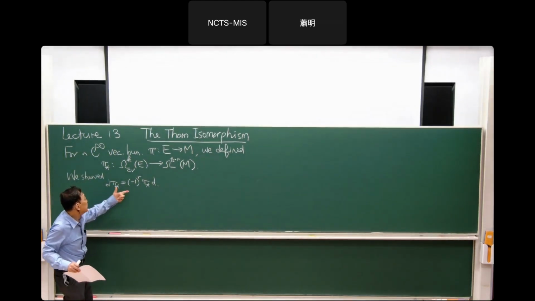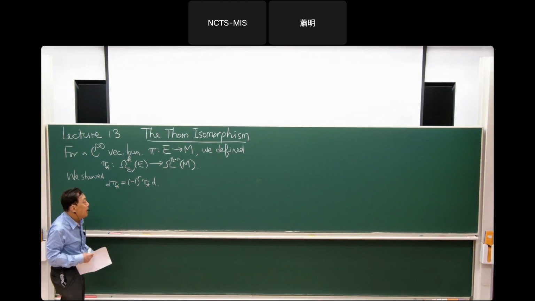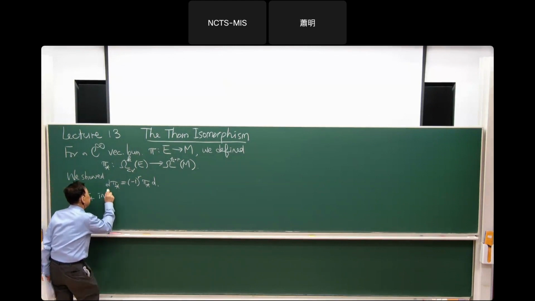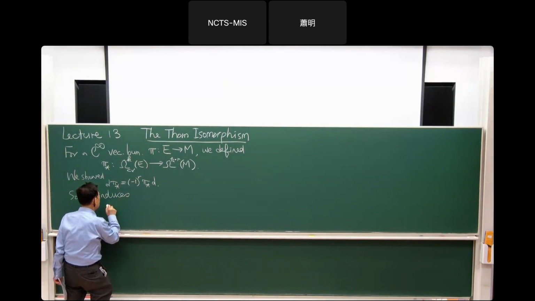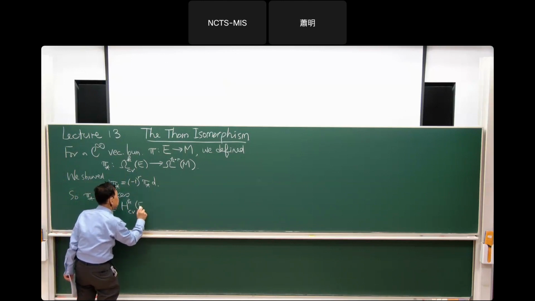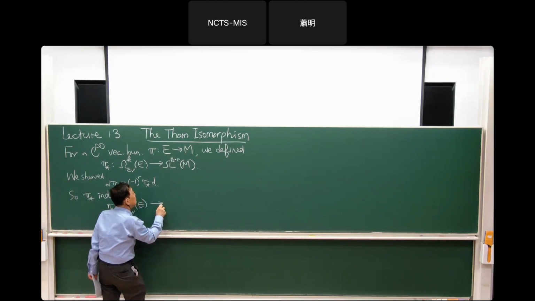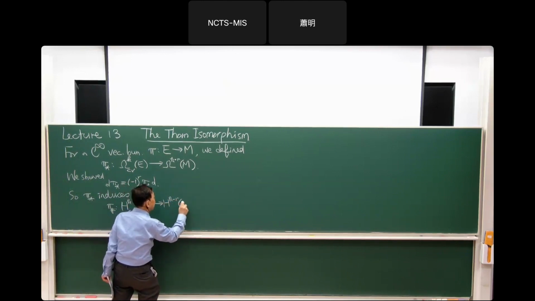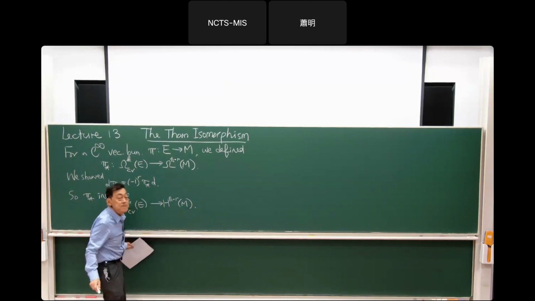Okay, but because of this, pi lower star induces a mapping in cohomology. So pi lower star induces pi lower hatch from the cohomology with compact vertical support of E to the cohomology of M, okay?